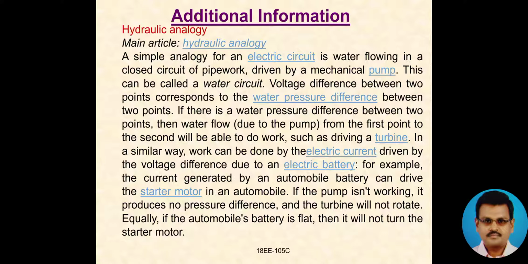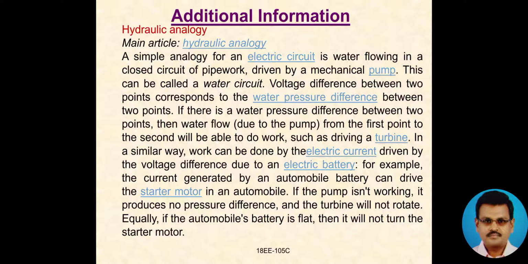In a similar way, work can be done by the electric current driven by the voltage difference due to an electric battery. For example, the current generated by an automobile battery can drive the starter motor in an automobile.